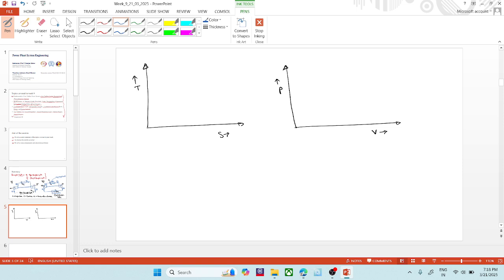So on this TS plot, let me draw two constant pressure lines. Let's suppose these are two constant pressure lines.